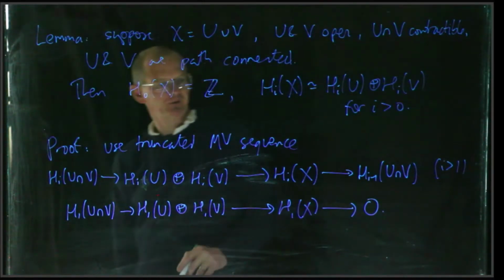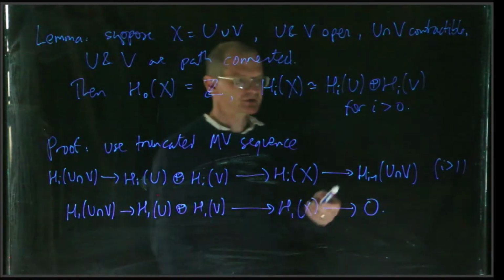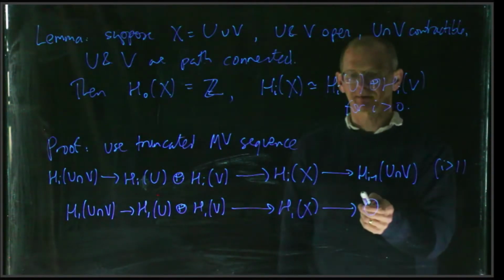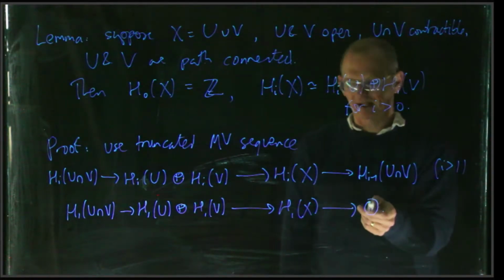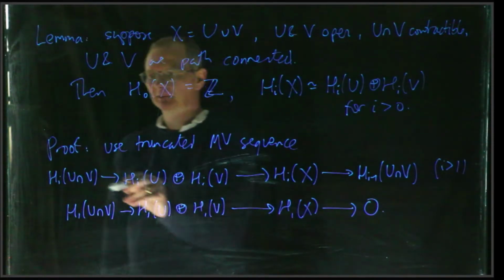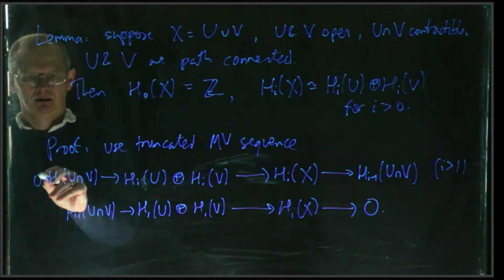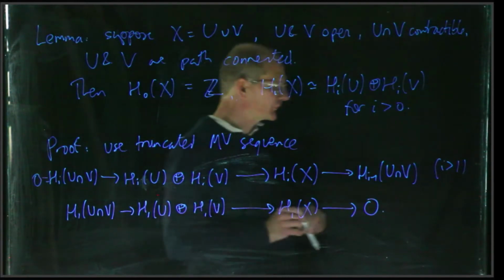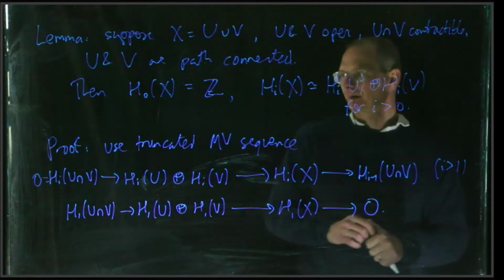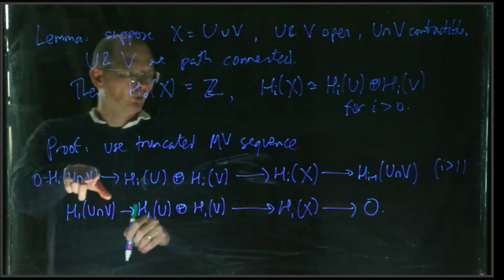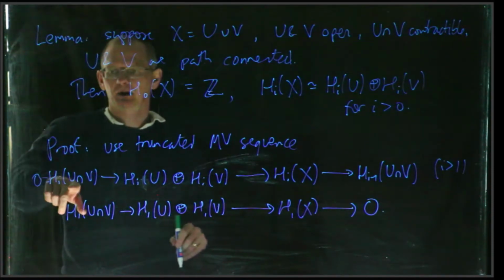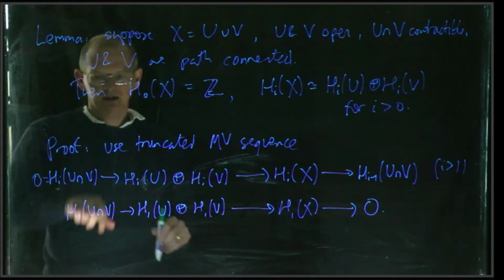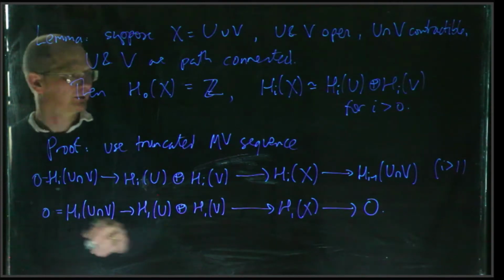because we're using the truncated version, well, this H0 would actually be Z, but because we're doing the truncated version, all the H0s get replaced by Z. But U intersect V was contractible, and so all the homology groups above dimension 0 are just trivial. So this Hi is 0, and this Hi is also 0.